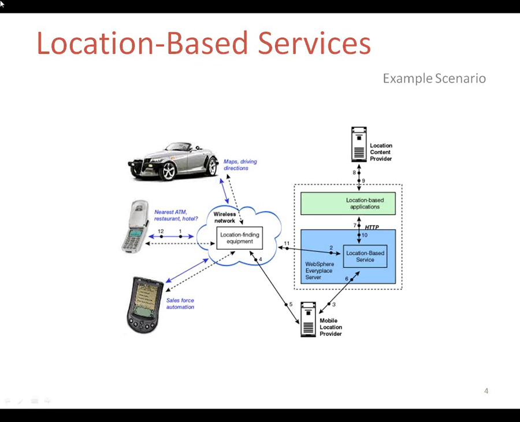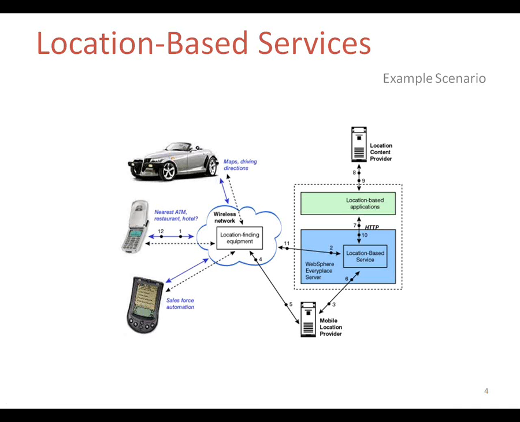So this is the way how location finding equipments works. Location finding equipments call a location-based service. That location-based service calls a location provider. That location provider can be either GPS-based provider or network-based provider.